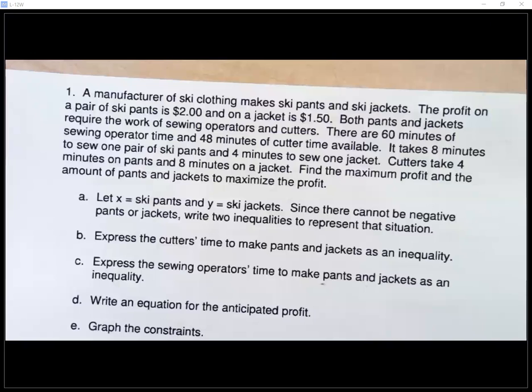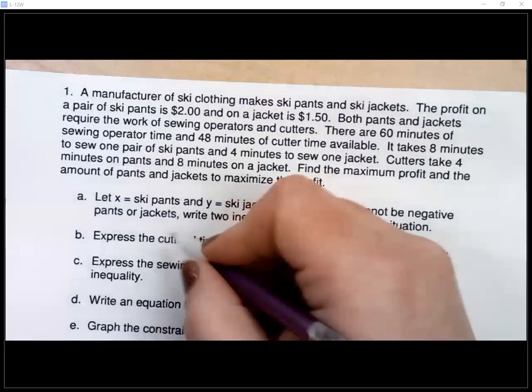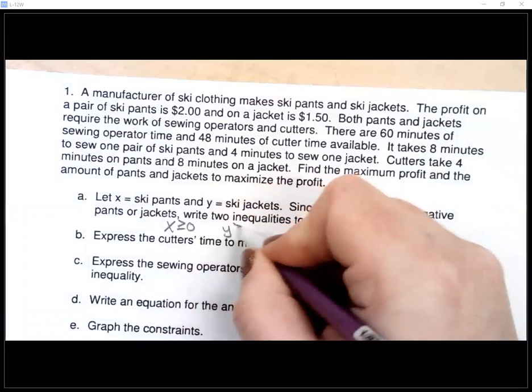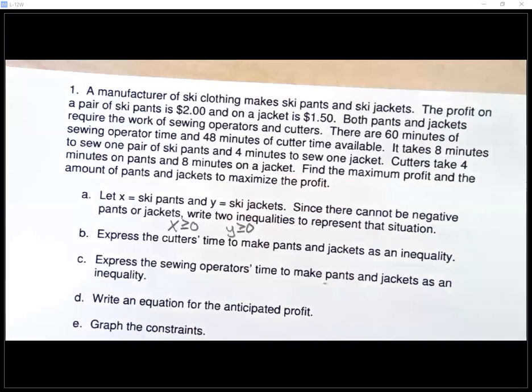Pants is X, jackets is Y. Okay, everybody got that? So hopefully you wrote X has to be greater than or equal to 0 and Y has to be greater than or equal to 0. There's our first two constraints. Agree so far? All right, cool.